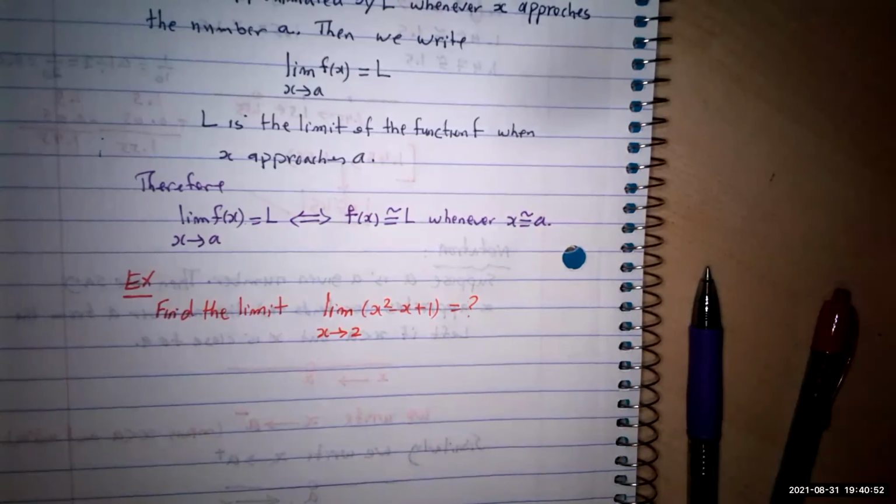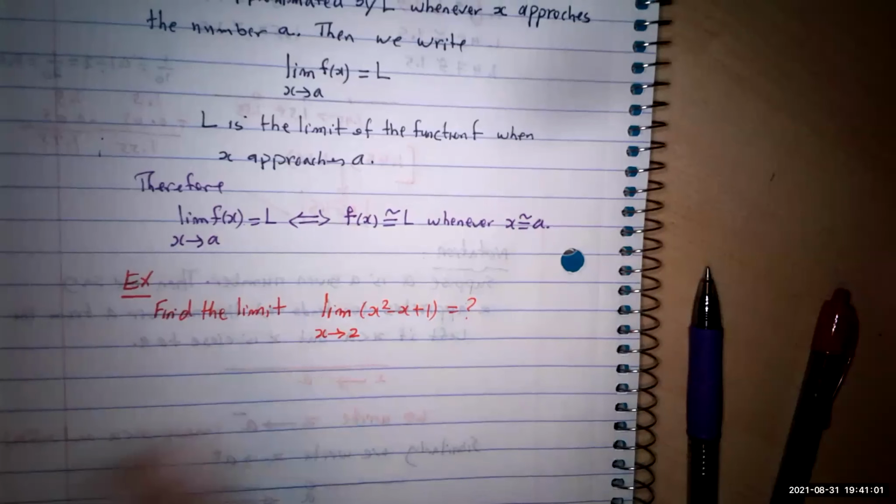You want to estimate the value of x squared minus x plus 1 when x is getting closer and closer to a, closer and closer to 2. If you round up all the values of x to 2, what would happen to x squared minus x plus 1?